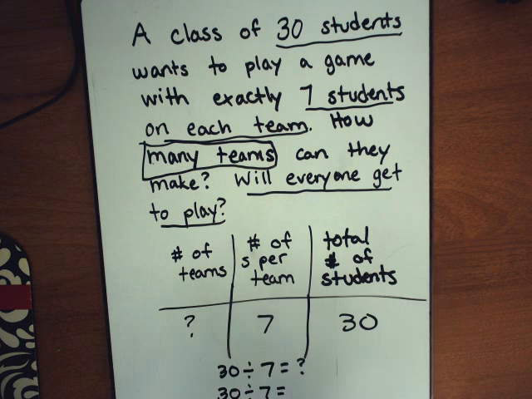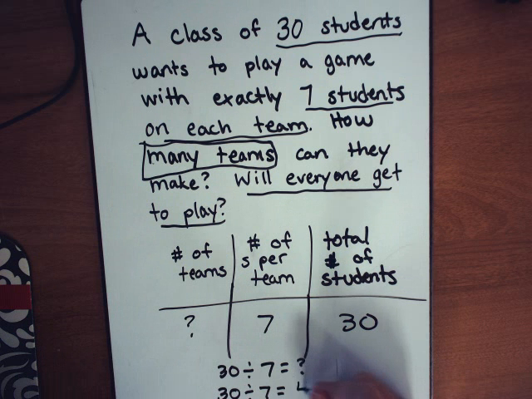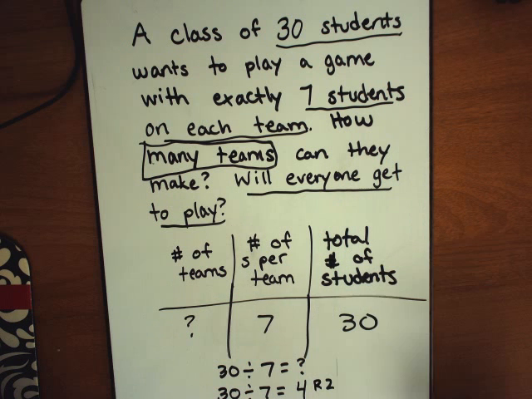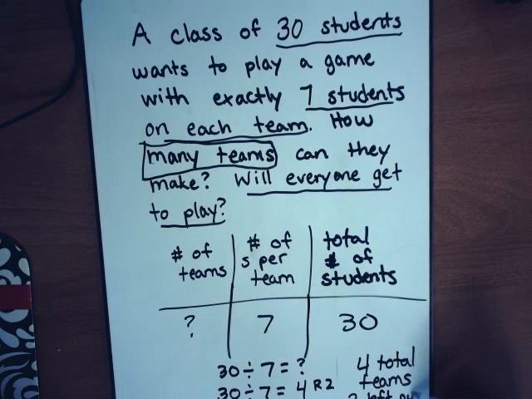Well, I know 7 times 4 is 28. And then I'll have 2 friends that will have to sit out and wait their turn, maybe to tag in or something. So I've got 4, gets me 28 with a remainder of 2. So that means I've got 4 total teams with 2 left out.